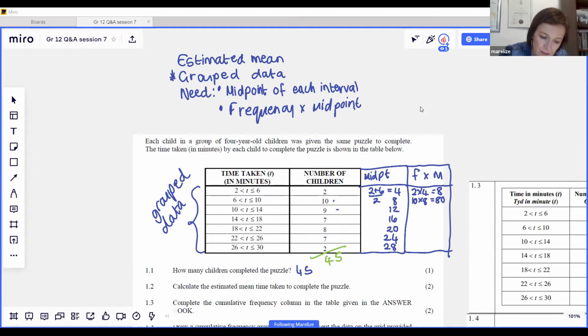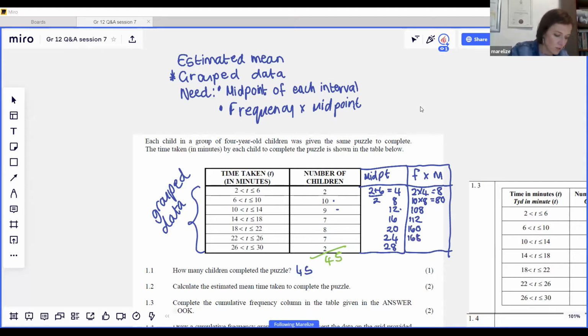Then 9 times 12. 9 times 12 is 108. Okay, so you just keep doing that each time. 7 times 16 is 112. 20 times 8 is 160. 7 times 24 is 168.